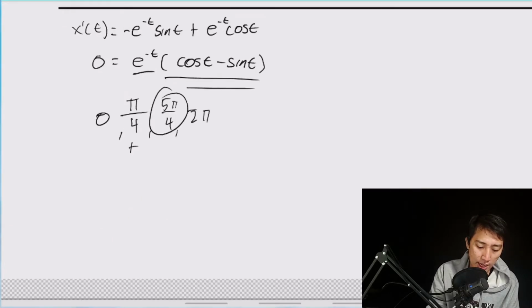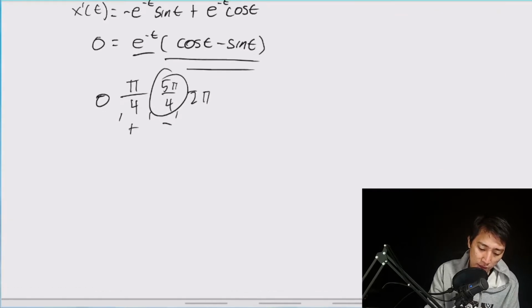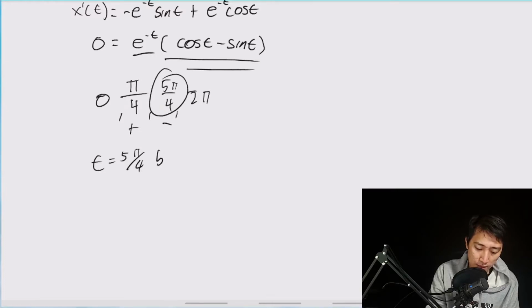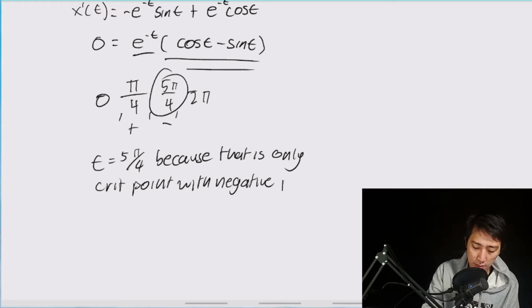So what is the question asking? Furthest left. So you're going to say t equals 5 pi over 4 because that is the only critical point with negative position.